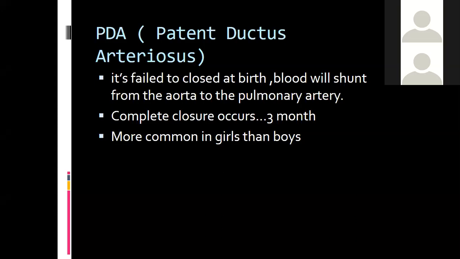Normally complete closure of the ductus occurs at the age of 3 months. This condition is more common in girls than in boys.